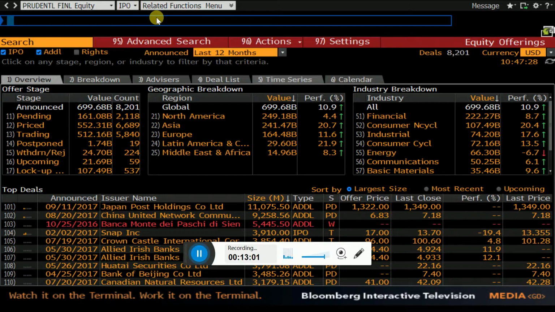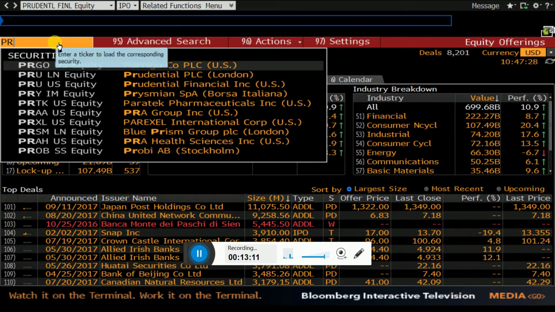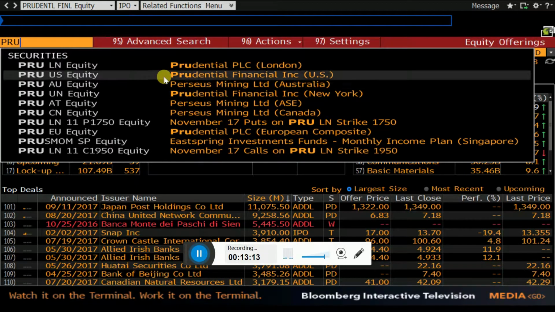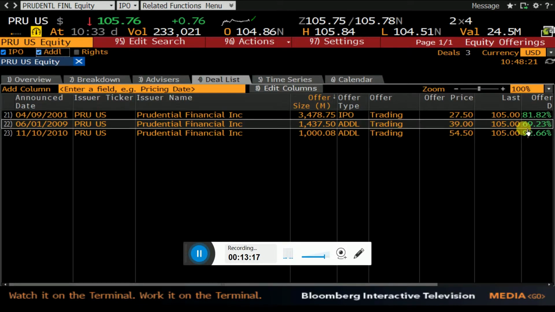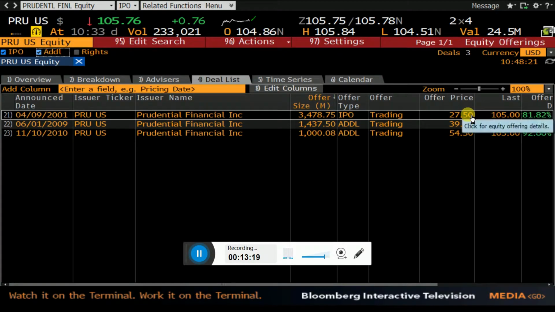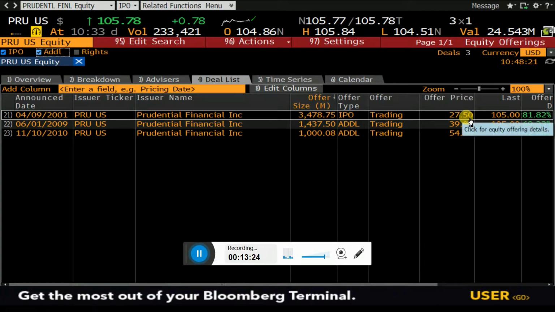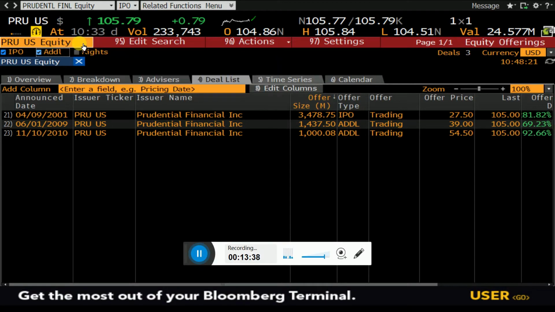So that would give you an idea of the initial price it started in. PRU. So the IPO, which it started in for Prudential, was $27.50. And then the last price in that year is $105, which is a significant number back in 2001.